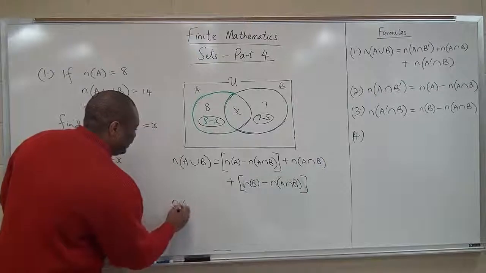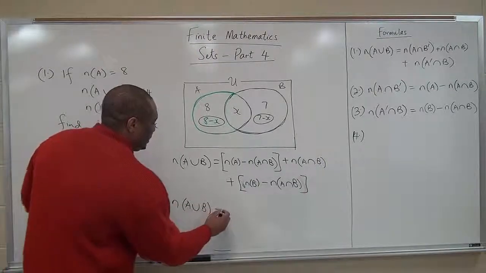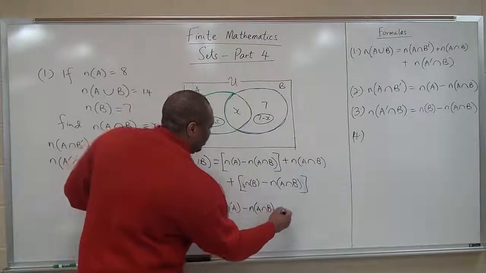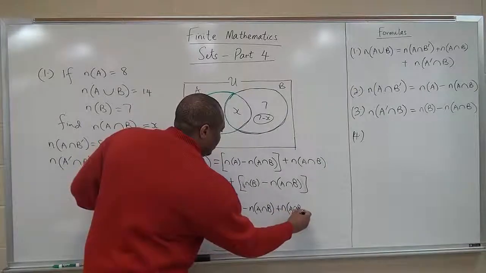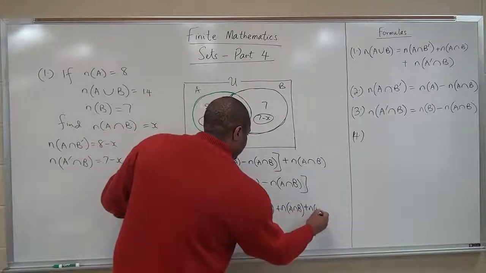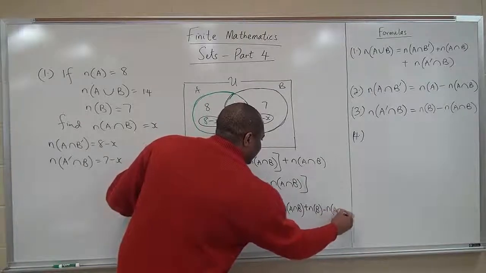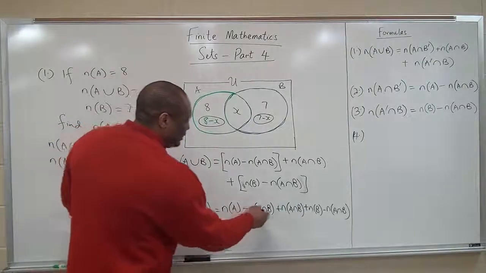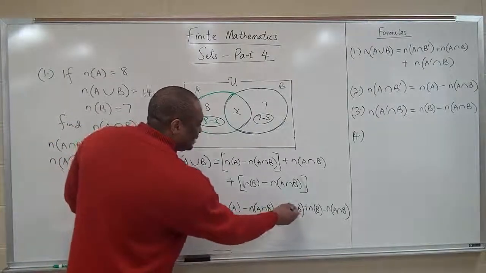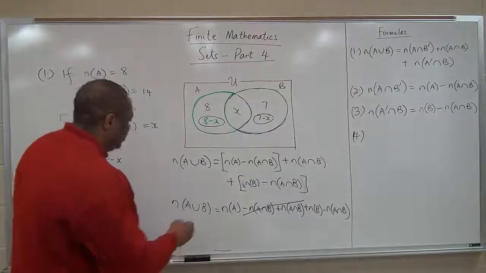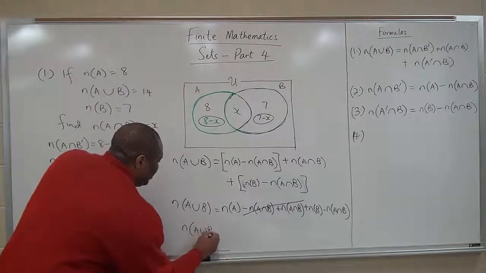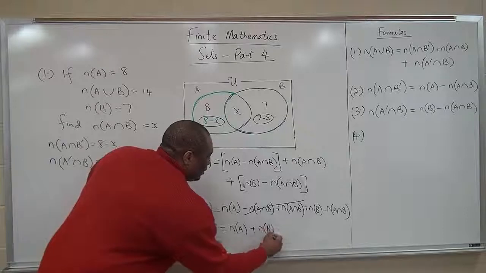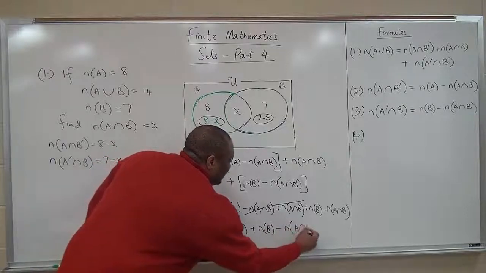So we have that cardinality of A union B will give us cardinality of A minus cardinality of A intersect B plus cardinality of A intersect B plus cardinality of B minus cardinality of A intersect B. See that? So this minus cardinality of A intersect B plus cardinality of A intersect B, this is gone. So you now have that cardinality of A union B is equal to cardinality of A plus cardinality of B minus cardinality of A intersect B.